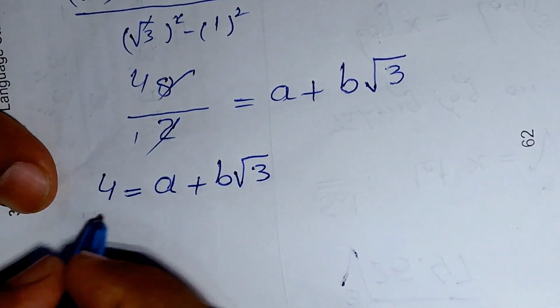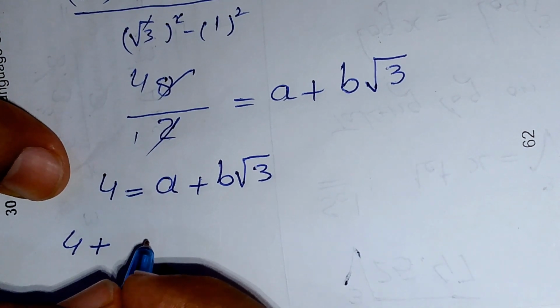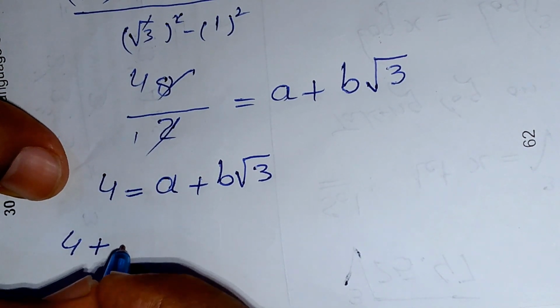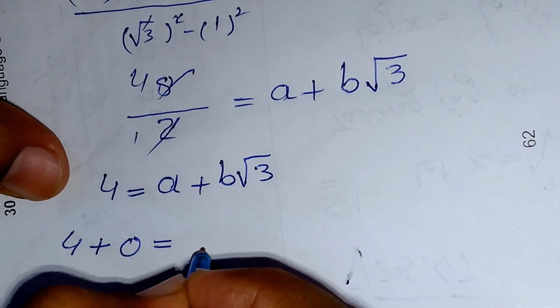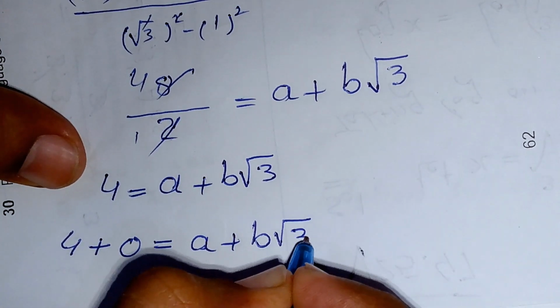Here we again write it like this, 4 plus 0 is equal to a plus b under root 3.